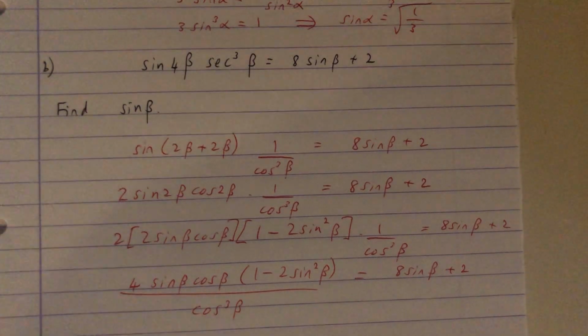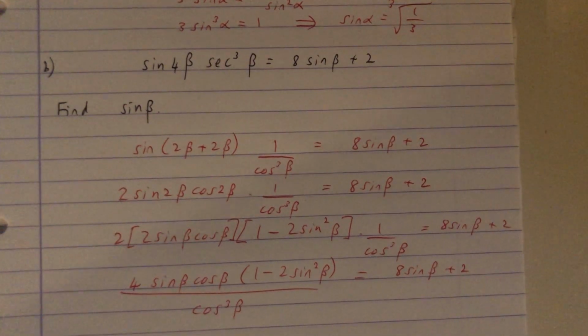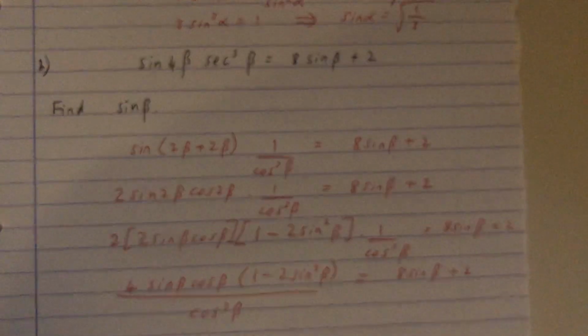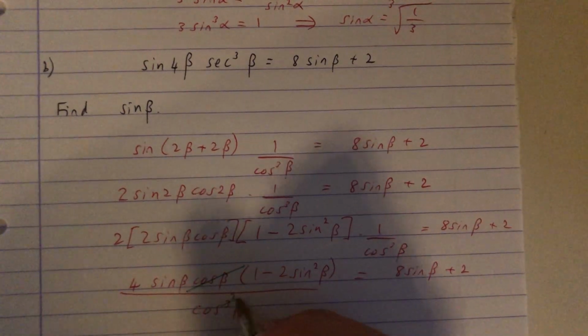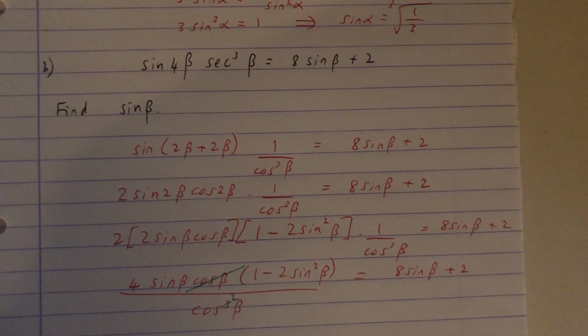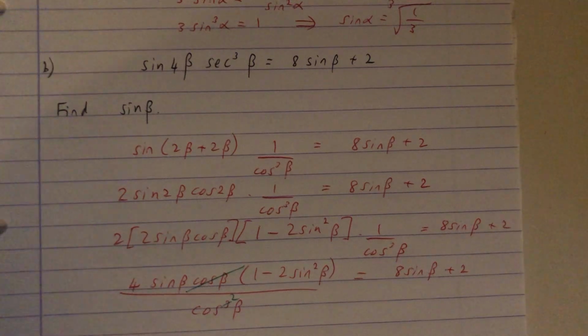Now you see there's one thing I can do before multiplying by the denominator, and that is simplify. There's a cos beta on the top and the bottom of the fraction, so the denominator simplifies to cos squared beta and the numerator loses the cos beta, which is good news because we only wanted sine betas.